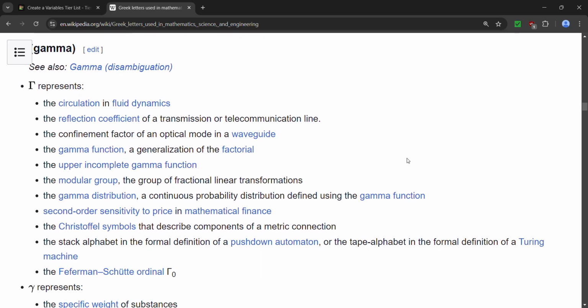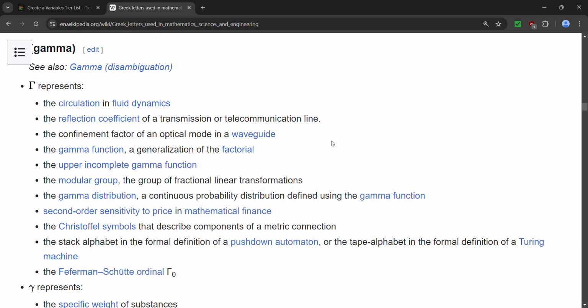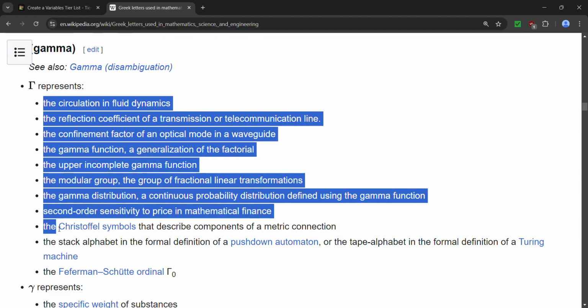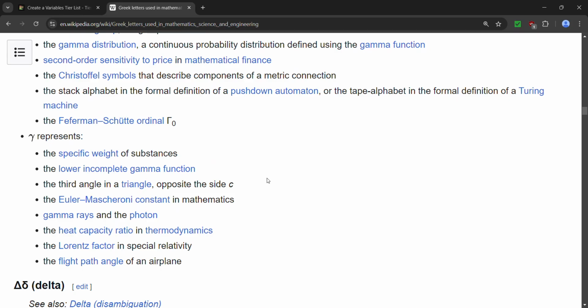Okay, gamma. Here we go. Circulation and fluid dynamics. I've never seen that. That's interesting. Cool. The gamma function, a generalization of the factorial. Ah, nice. I'm not gonna lie, all the capital gamma stuff is not great. I'm sorry. Specific weight, okay.